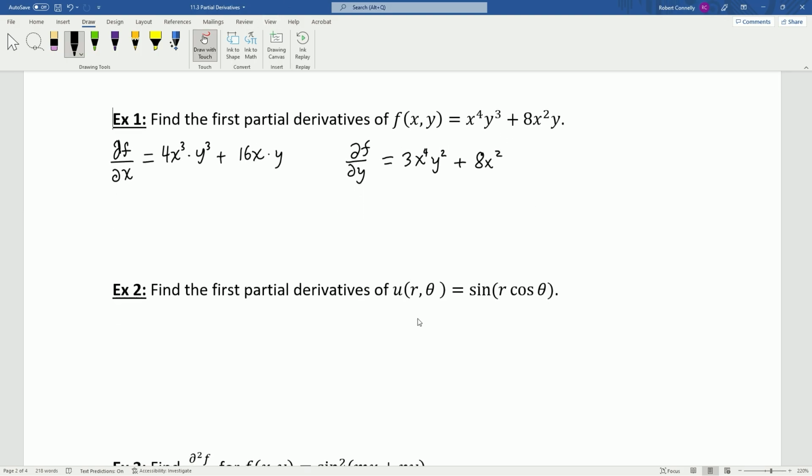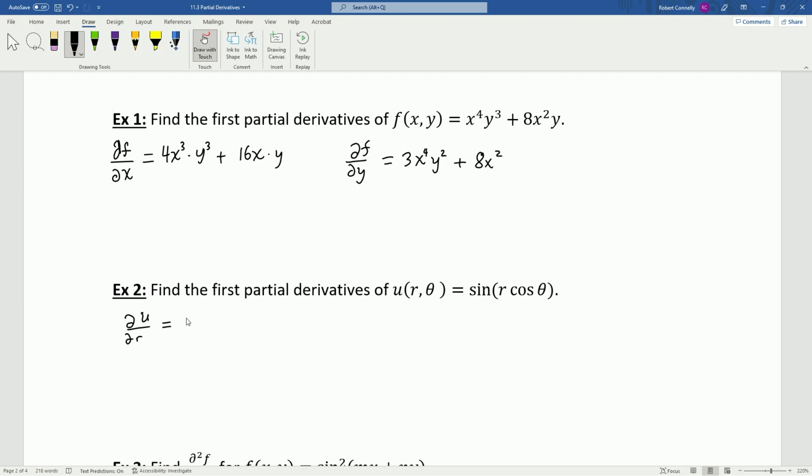Now let's tackle this second example. Find the first partial derivatives of u(r,θ) = sine of r times cosine of θ. All right, so we want the partial derivative of u with respect to r first. We've got to apply the chain rule here.